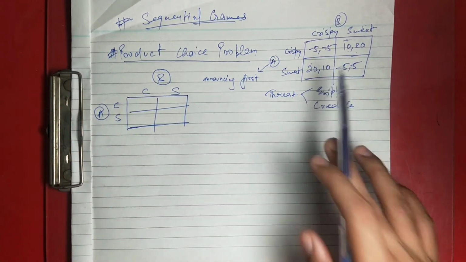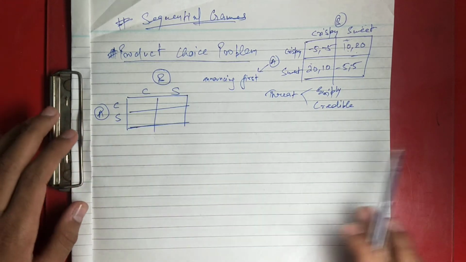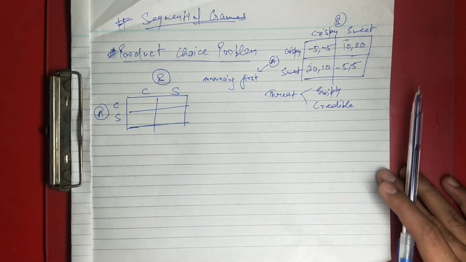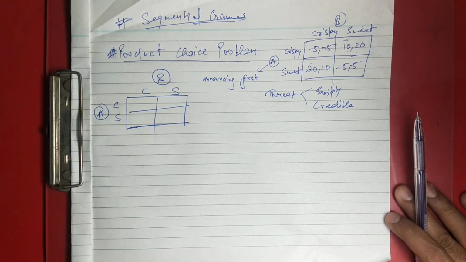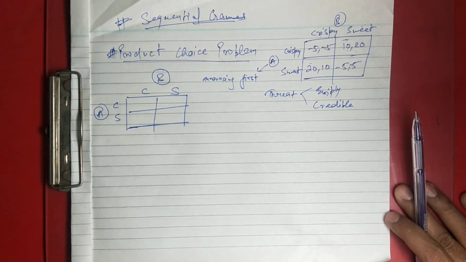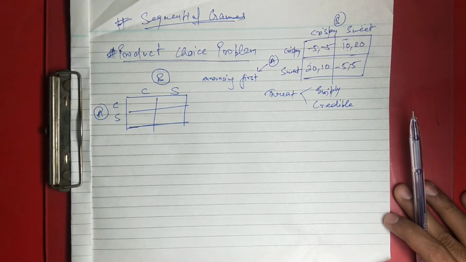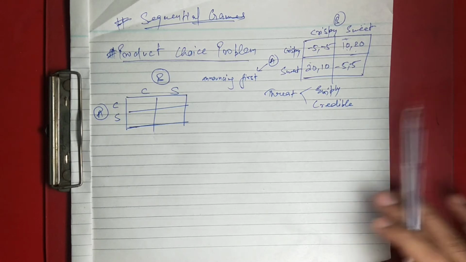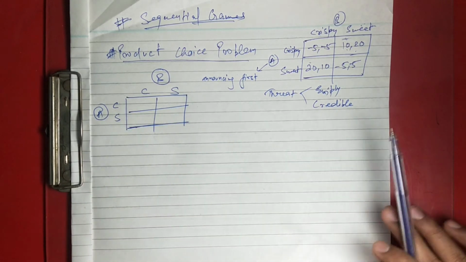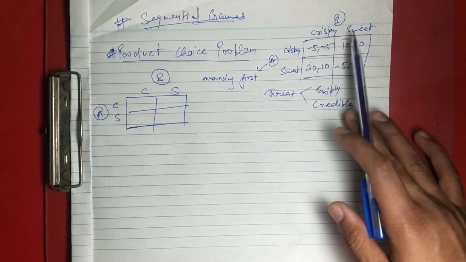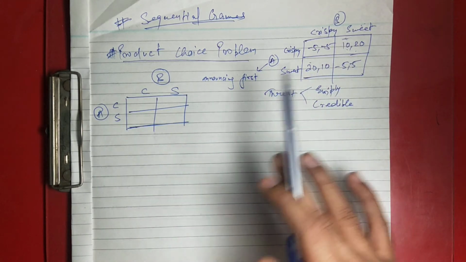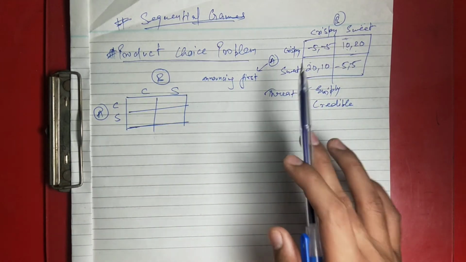So how this can happen is, I have told you some examples. First, he can shut down the production of crispy, shut down the crispy plant. The second is that he can start ordering only sweet raw material. So he will know that he has only sweet raw material, so he is definitely going to produce sweet.